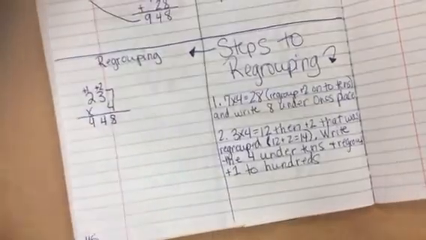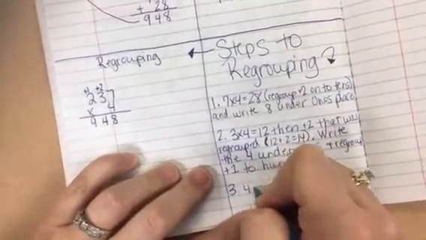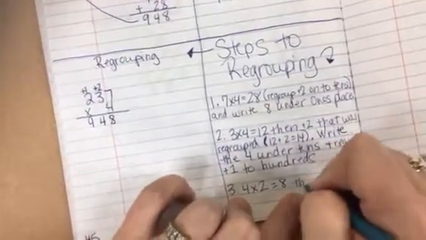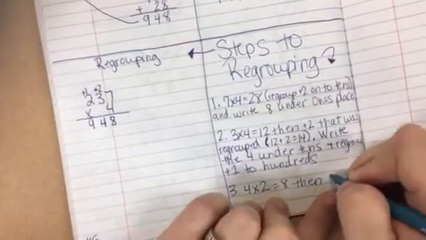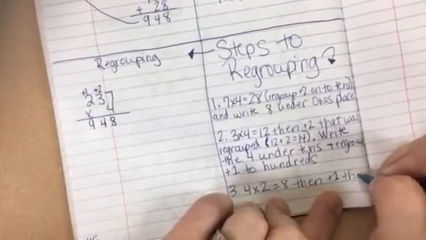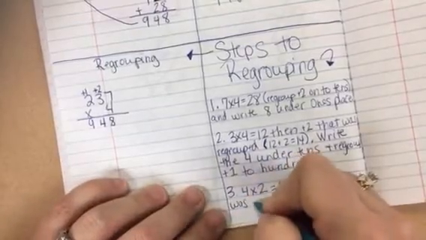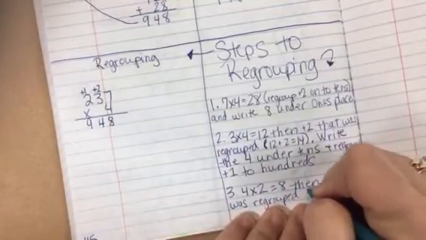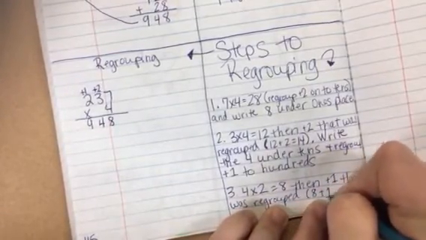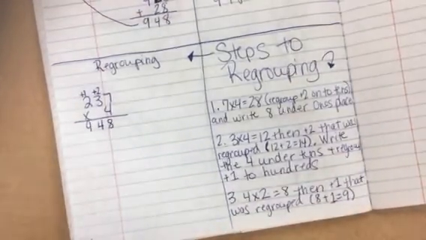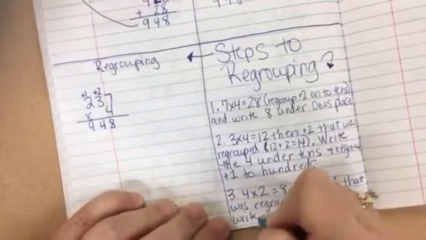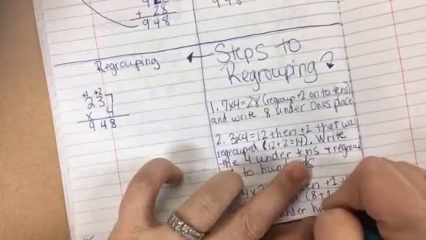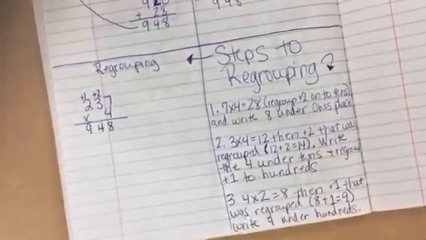Then I will lastly do 4 times 2, which equals 8. Then add 1 that was regrouped. And I will write 9 under the hundreds. And that's all there is to it.